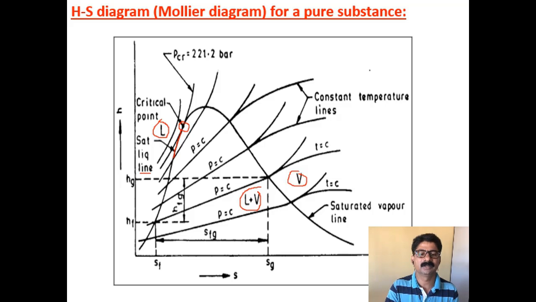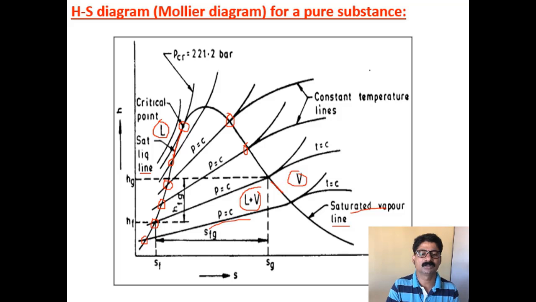Above the critical point you can see this line, that is the saturated vapor line. These are the constant pressure lines, and these are the saturated liquid points for the various pressure lines. All these points are connected to make the saturated liquid line, and all the saturated vapor points are connected to make the saturated vapor line.